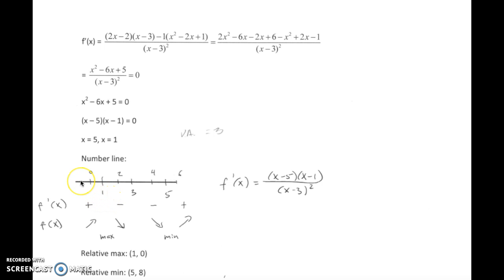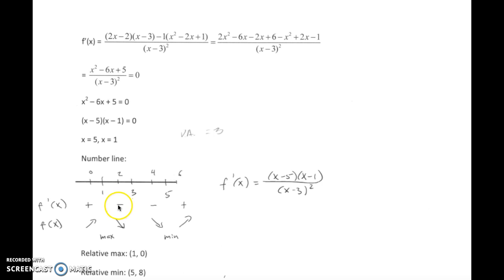Checking to the left side of 1, plugging 0 into the derivative of our function, we end up with a positive value. Right. Plugging in 2, in between 1 and 3, we end up with a negative value. If we plug in 4 into the derivative, that's the number between 3 and 5 I chose, I end up with a negative value.